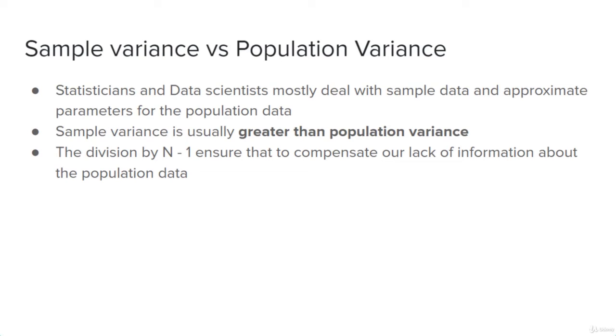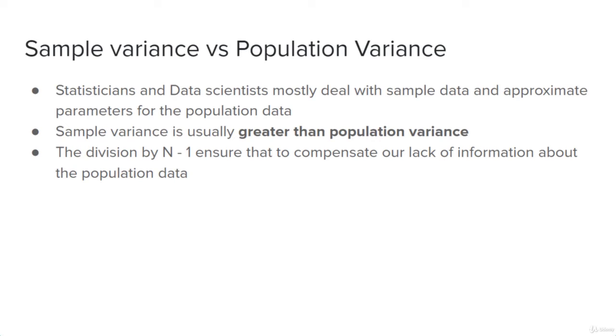If we want to calculate the population variance and sample variance, like I said earlier, statisticians and data scientists mostly deal with sample data and approximate the parameters for the population data. What I mean by parameters and approximation is, take variance: we calculate the variance of the sample dataset and approximate a value that is as close as possible to the population data.